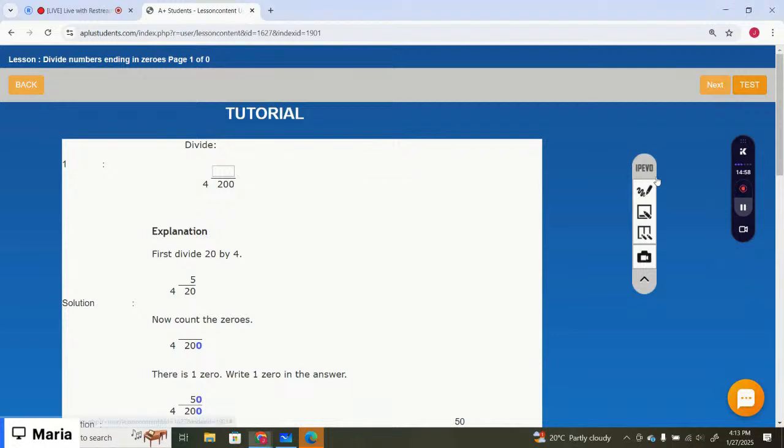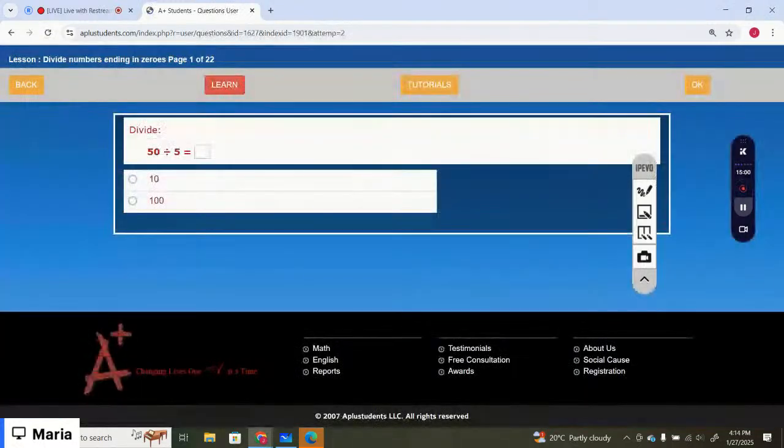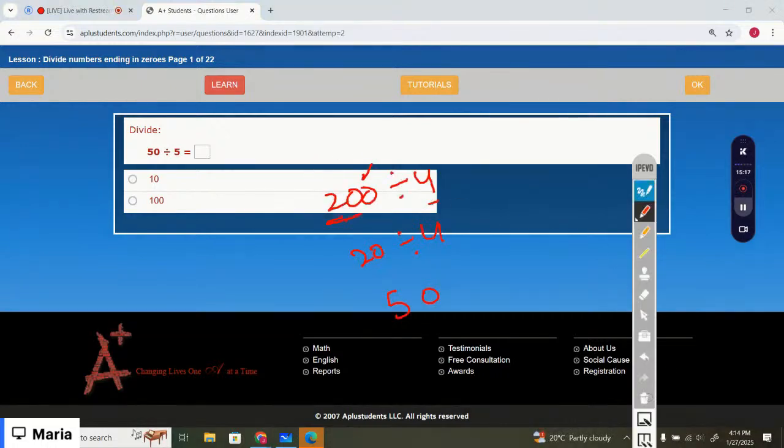Okay, let's just start with the test questions. 50 divided by 5. You have to divide 5 by 5, right? 5 you can divide because 5 divided by 5 is 1. You need to add the 0.